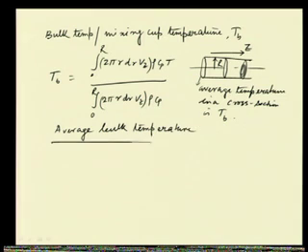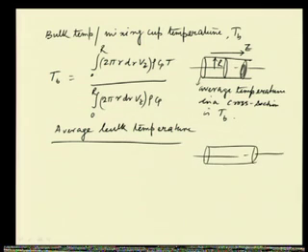So, if we have a pipe, say this is the input and here it is T b I, and here it is T b O, this is the output, in and out.